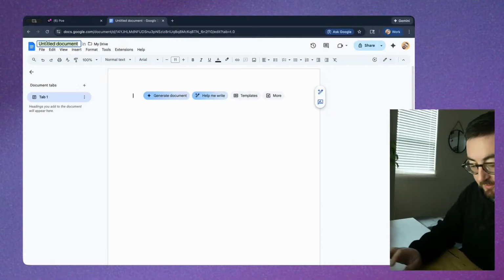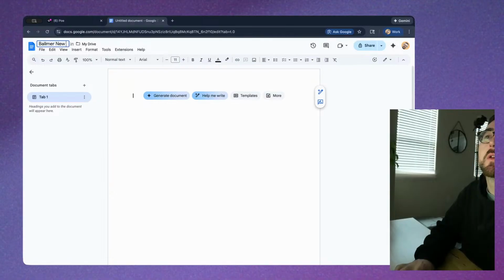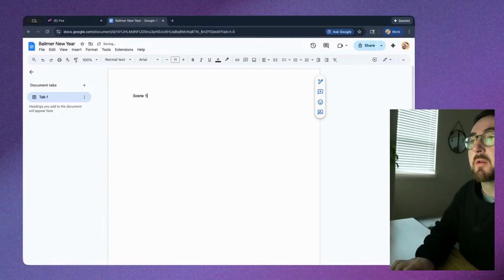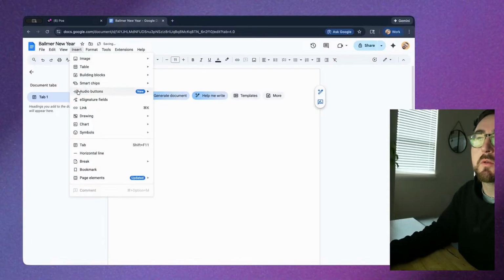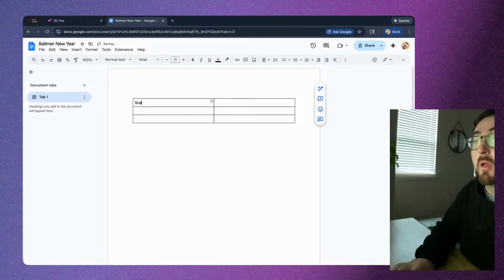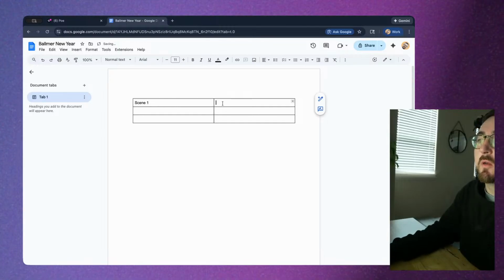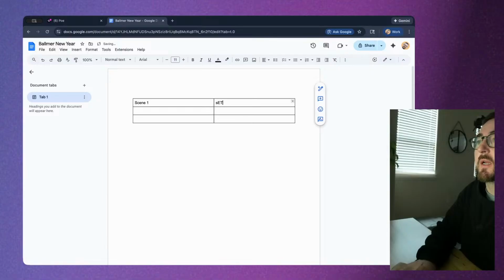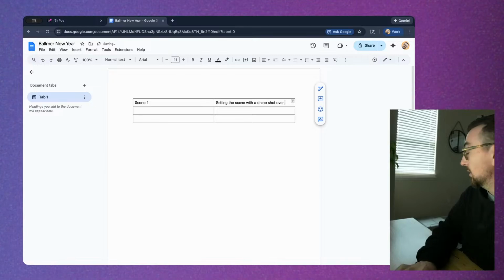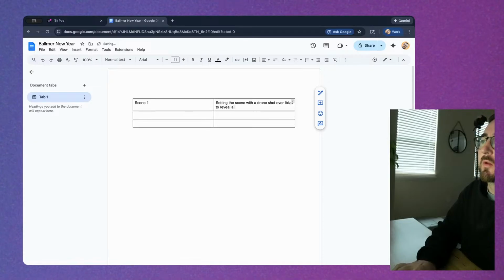Let's call this the Ballmer New Year. Okay, so it's basically going to be a scene. Actually, let's generate a table. Scene 1: setting the scene with a drone shot of a luxury yacht.